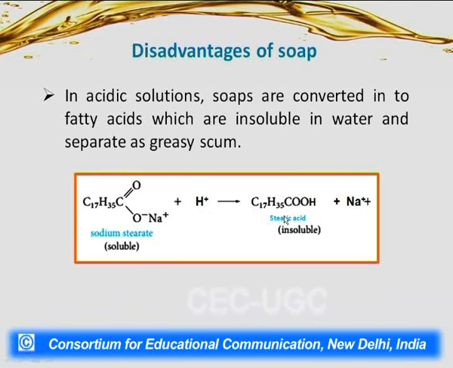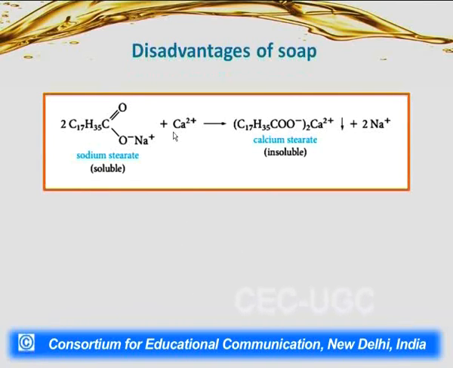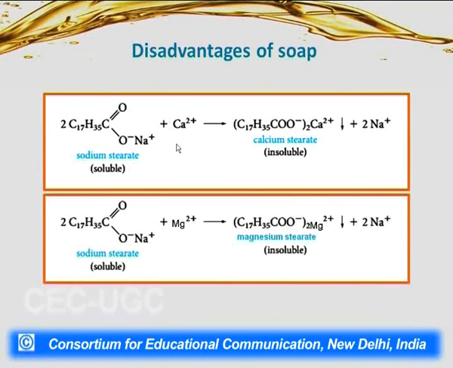So, they separate out as scum, and this is one of the disadvantages of soaps, that they cannot be used in acidic medium. Then hard water contains calcium and magnesium ions. When these sodium salts of acids are used in hard water, then what happens? They form their calcium and magnesium salts. These calcium and magnesium salts are also insoluble, and they also separate as scum.